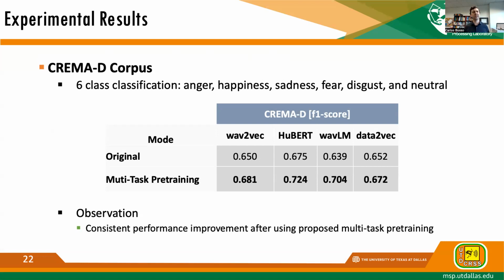We found that if you compare the original self-supervised model with the model created with the multitask pre-training strategy that we propose, we see clear improvement for each of the four main models that we have built.